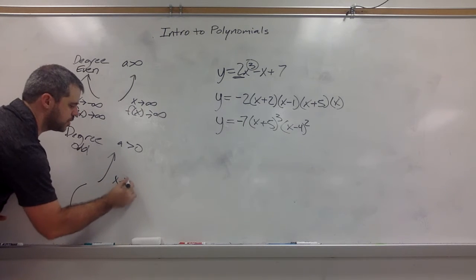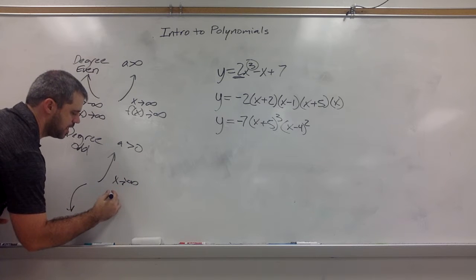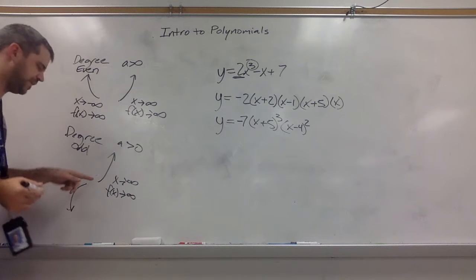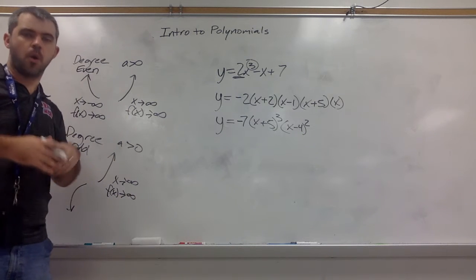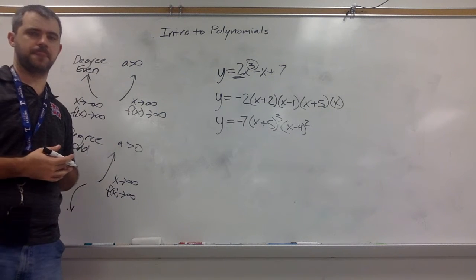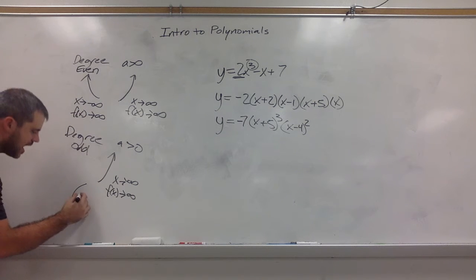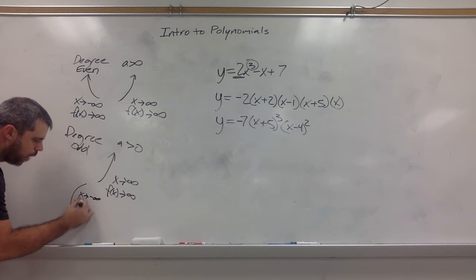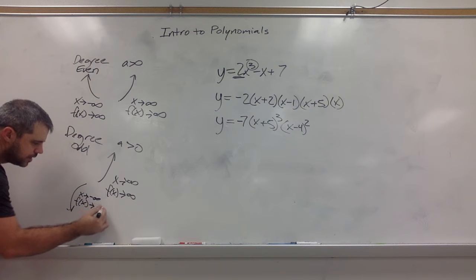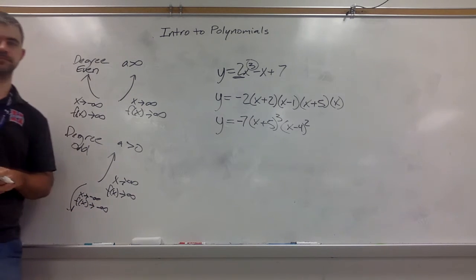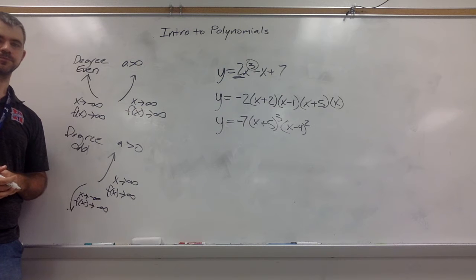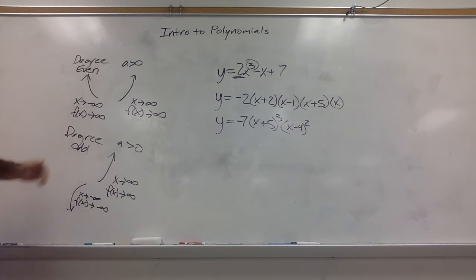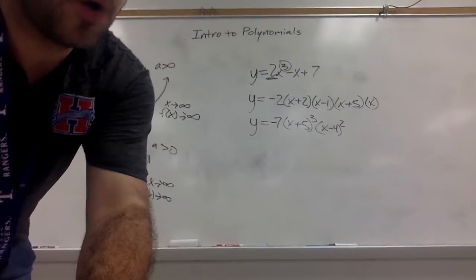So as x goes to infinity, f of x also goes to infinity. As x gets really, really big, y gets really, really big. But here, as x goes to negative infinity, y goes to negative infinity. So this is if the degree is even, this is if the degree is odd, and if the leading coefficient is positive.